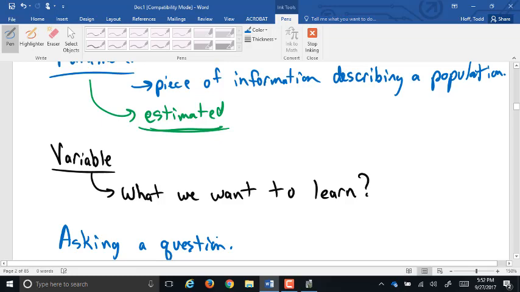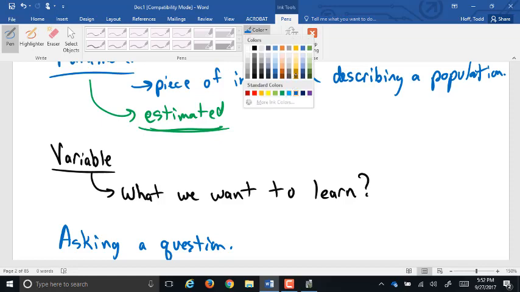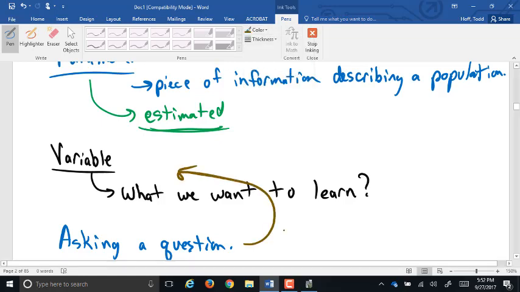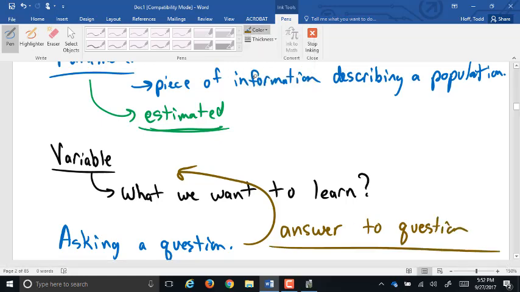Or how much force can this part hold before it breaks? There are questions. The variable is the answer to that question. The official name is a random variable.